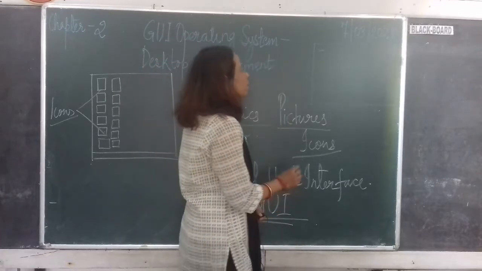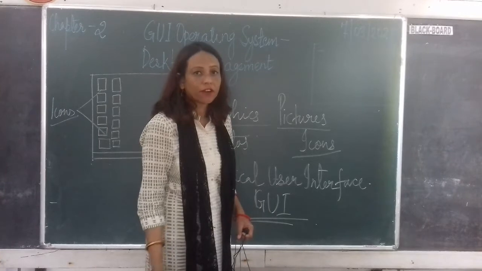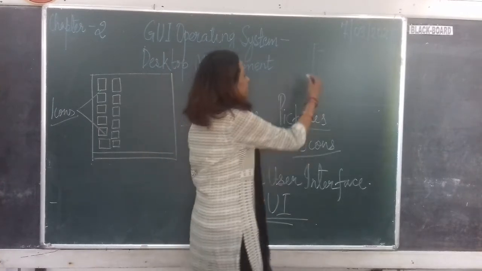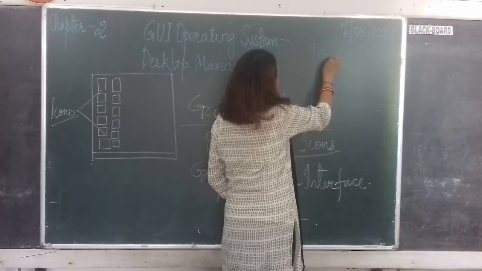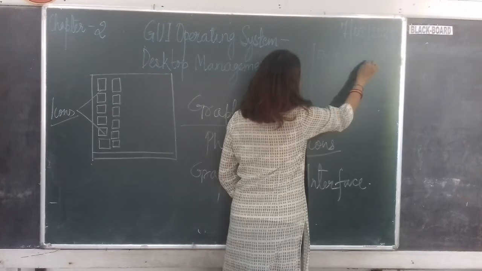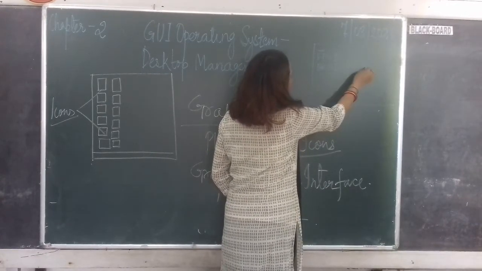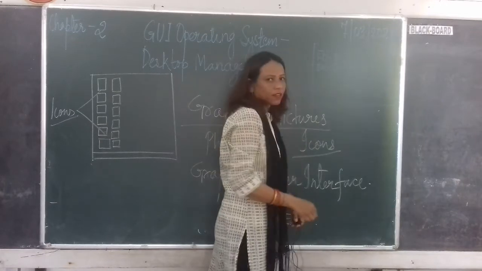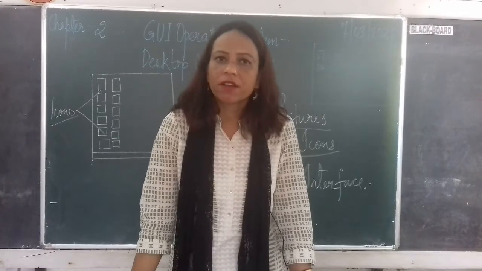Suppose you want to draw something on this screen, you have to give a command to draw, like FD 5, and your cursor will move 5 steps forward. Backward, BK 2, it will come 2 steps backward. In this way you can make a simple drawing also.